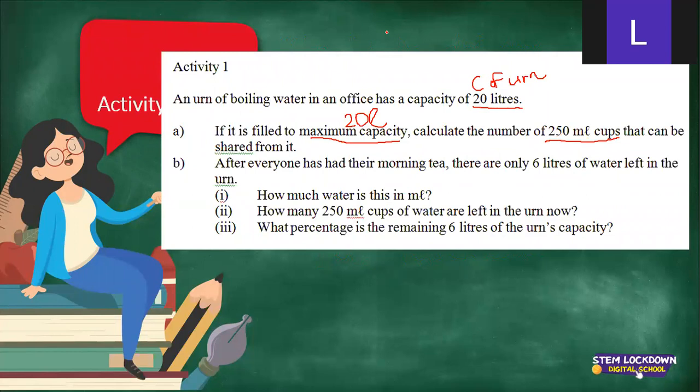Okay, for this short one, I want you guys to work with me. Can you calculate how many 250 ml cups you can get from 20 liters of the urn? I'll give you just a couple of seconds to do this one because you guys are smart, I know that, and you're old, so I give you a little amount of time. Unlike when I teach grade 8, then I give them a lot of time. So what is your answer?